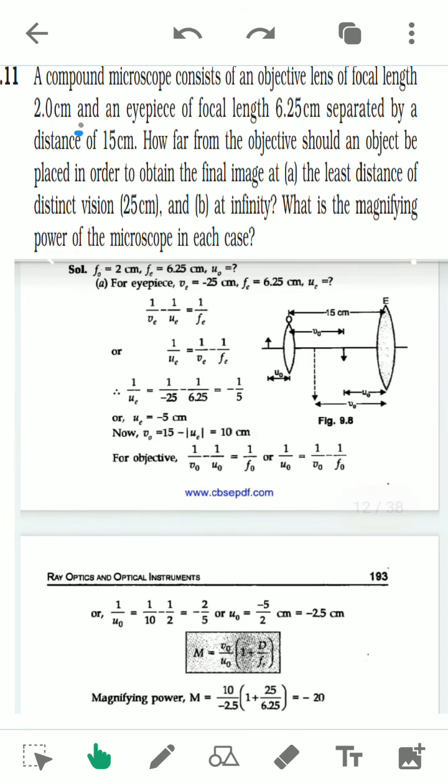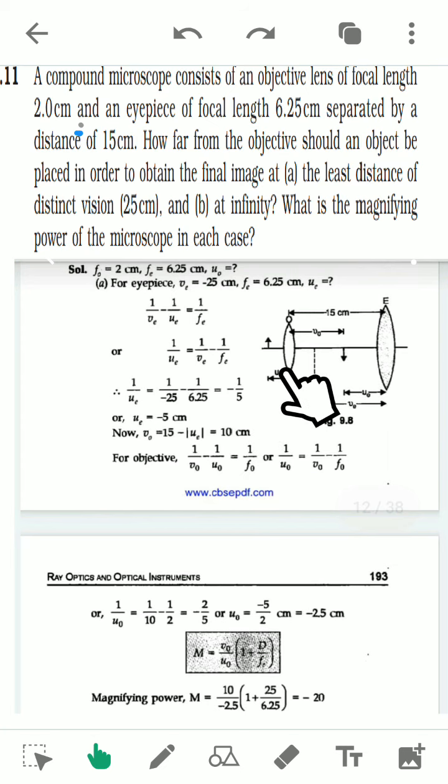So UE means the distance of the object from the eyepiece. So from here to here it is 5 centimeter. The distance between these two lenses is given, 15 centimeter. So the distance between the objective lens and the image is 15 minus 5, that is 10 centimeter.